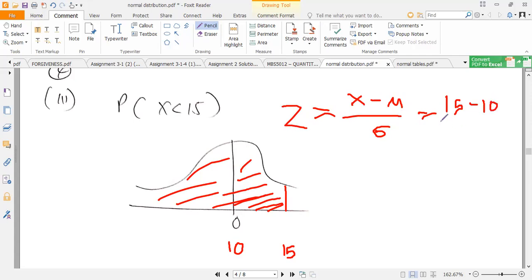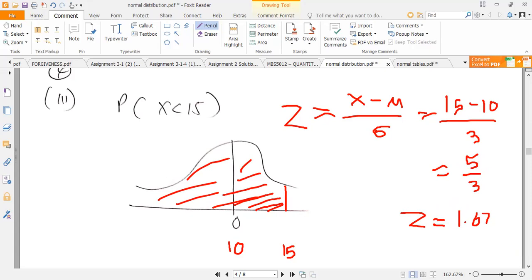Good. What are we getting? 1.67. Good. You round it off to the nearest 2 decimals.